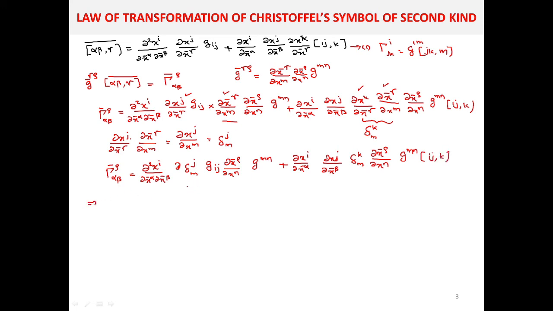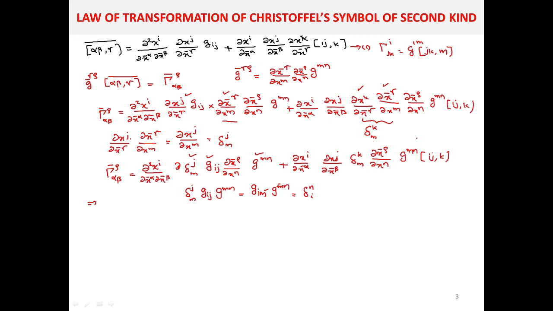Okay, now we can make some rearrangements. When you consider this term, that is delta jm gᵢⱼ gᵐⁿ, these three terms: delta j m means 1 when j equals m, so we can replace j with m, and then we will get gᵢₘ into gᵐⁿ. Now gᵢₘ into gᵐⁿ, here m is the common index, so it can be written as Kronecker delta ni.